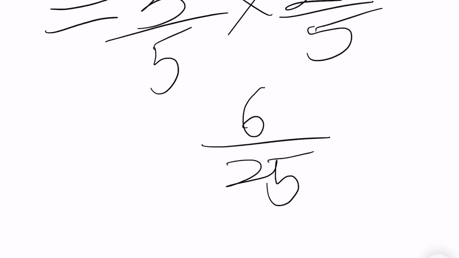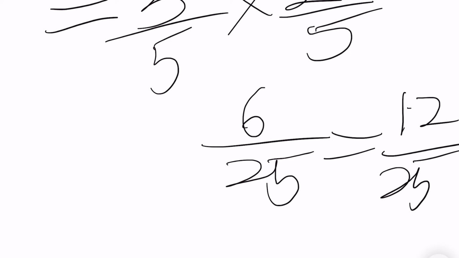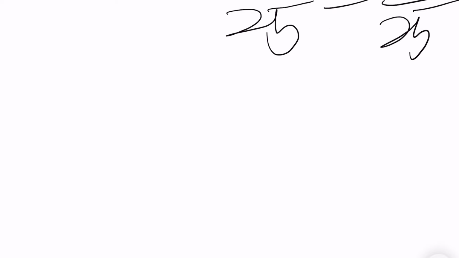The probability that none is black, which means both are white, is 4 over 25.